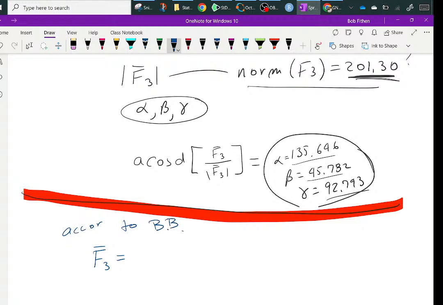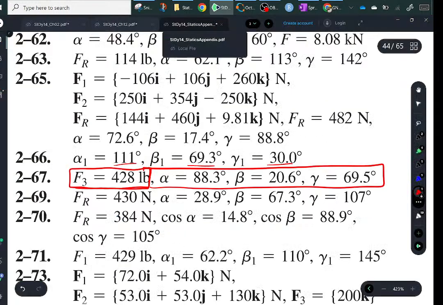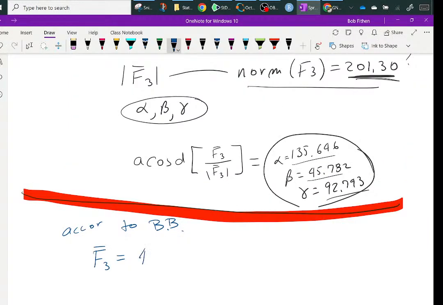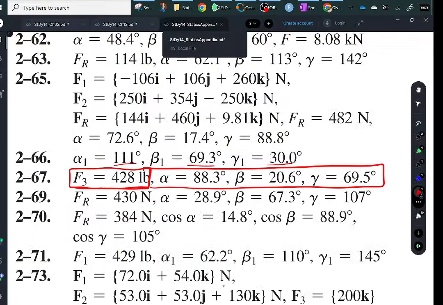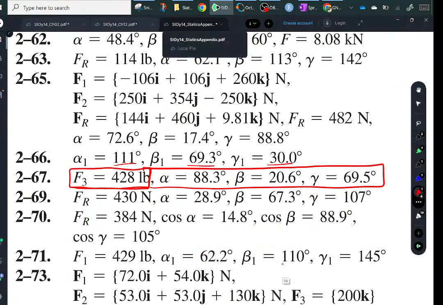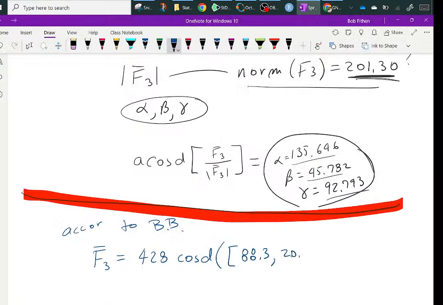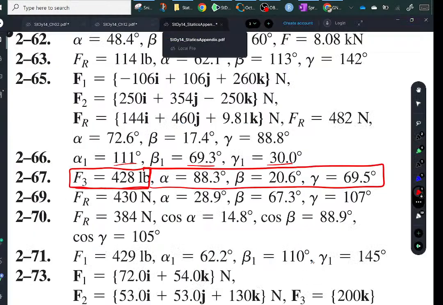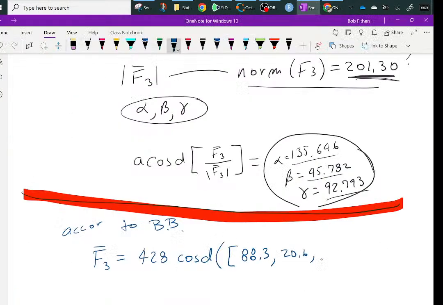According to the back of the book, it's got to be 428 times the cosine in degrees of a vector which has 88.3, comma, 20.6, comma, and 69.5.